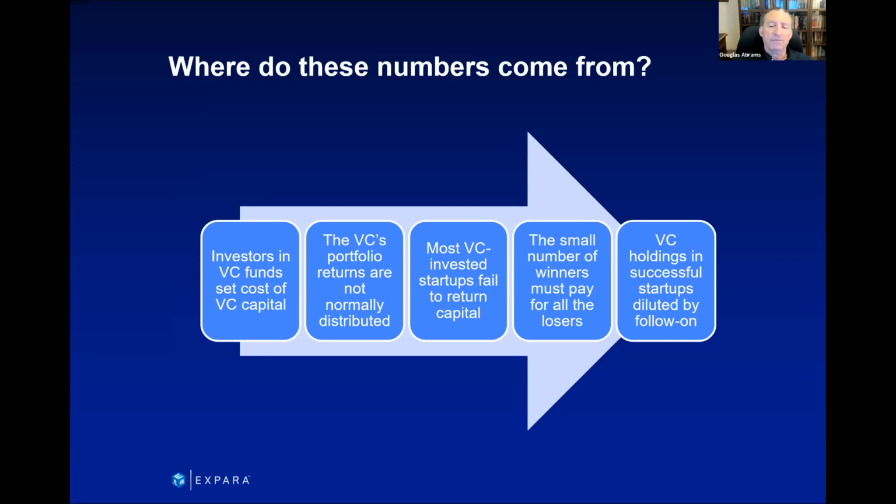And if the VC is not delivering those levels of return, they won't be able to raise their next fund. So if the VC doesn't deliver this 20% return in fund 1, there'll be no fund 2. And therefore, over time, we're going to find the vast majority of VCs in the market have to deliver the same cost of capital.